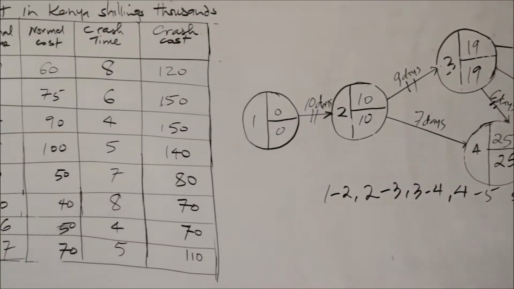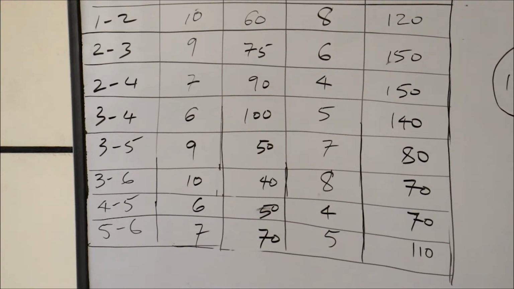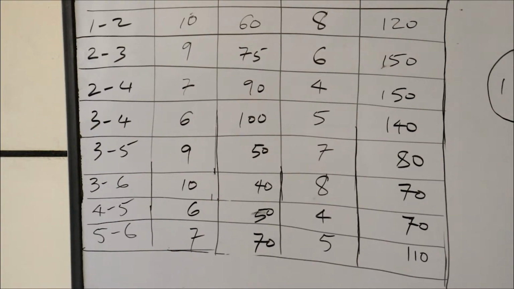Then activity 3 to 4. The cost slope is 140 minus 100 divided by 6 minus 5.